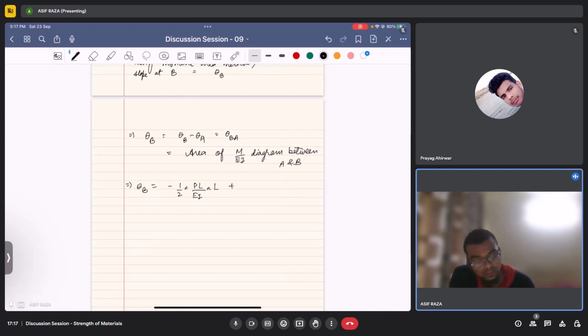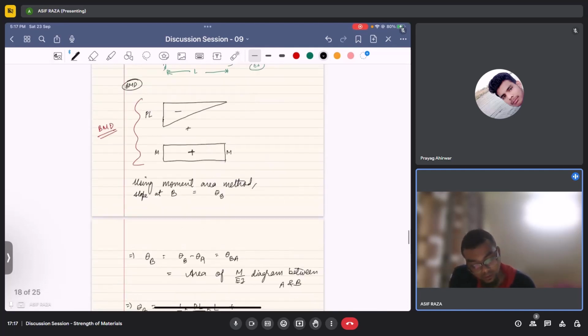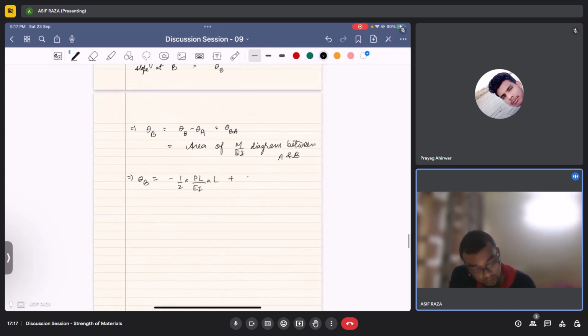And from the concentrated moment, that is positive, and that would be M by EI times L. Thus theta B would be equal to minus PL square by 2 EI plus ML by EI.